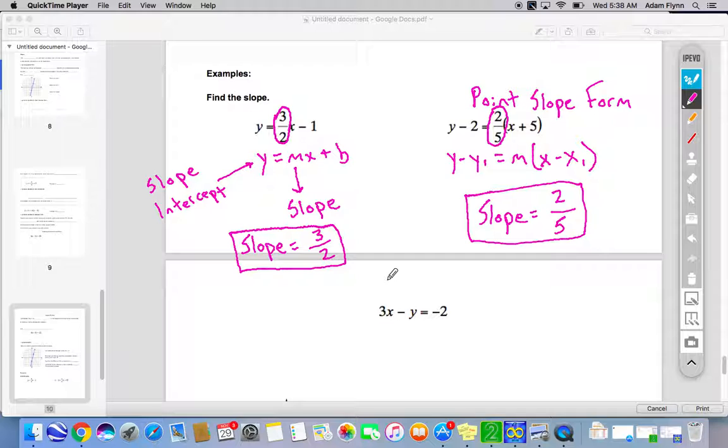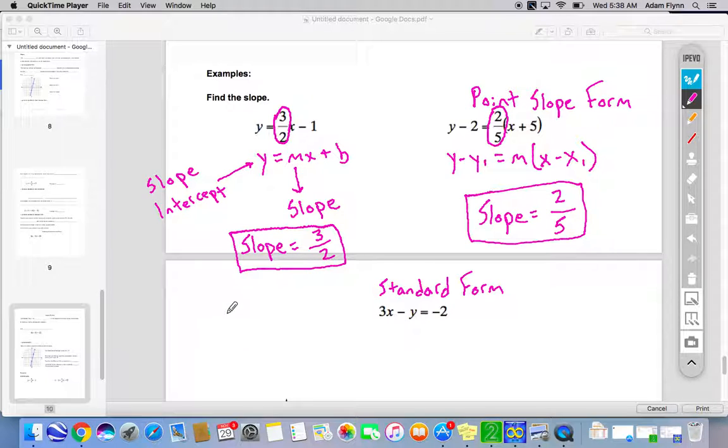So this would be a standard form equation because the x and y are on the same side. Okay, so we have 3x minus y equals negative 2. So as we have discussed, there are two ways you can do this. You can convert this into slope-intercept form, or you can do the Jake's method.